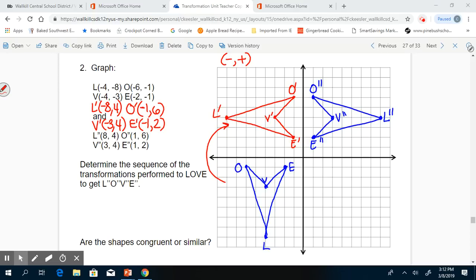And now we only have one more transformation that has to be done, and hopefully you see that it is obviously a reflection over the y-axis. So what did we do first? We rotated 90 degrees clockwise. And then we reflected over the y-axis.